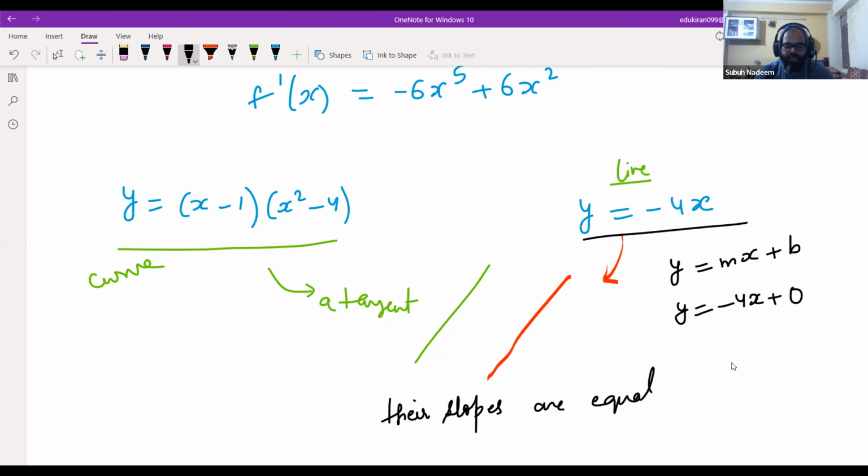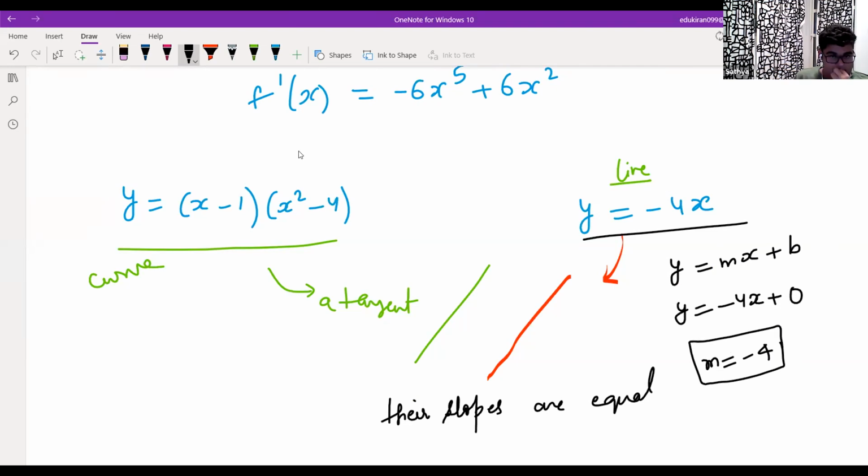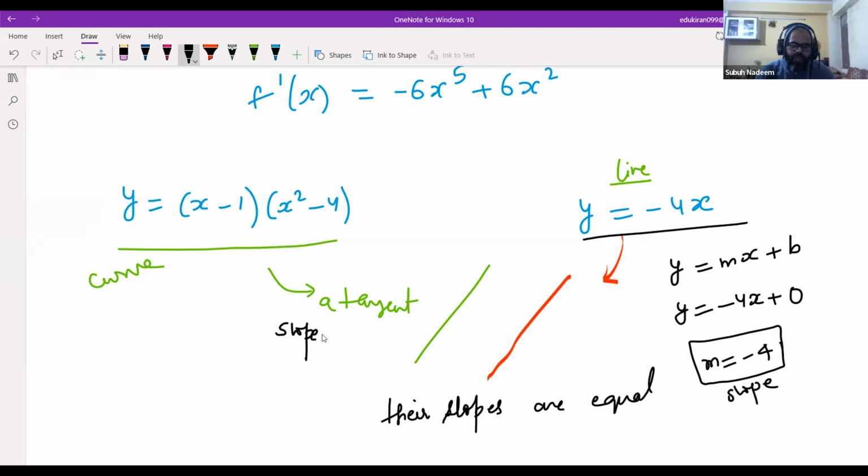So m is here minus 4. Getting my point? So the slope of this line is minus 4. So the slope of the tangent will also be equal to minus 4 because both are parallel. For parallel lines, slopes are equal.